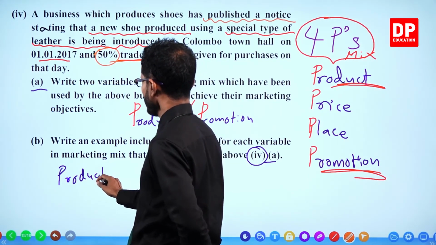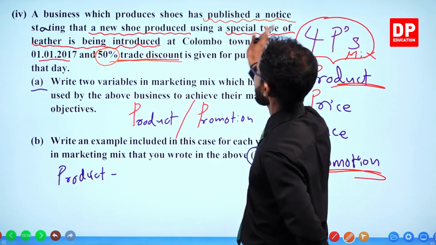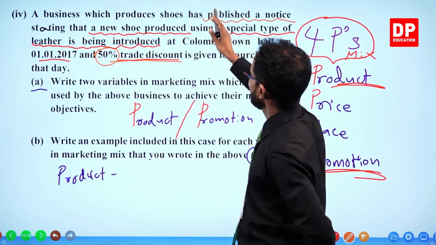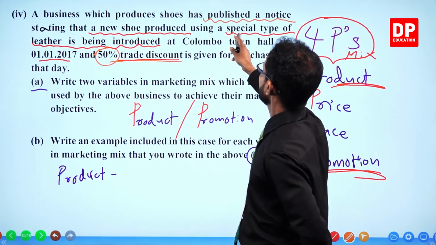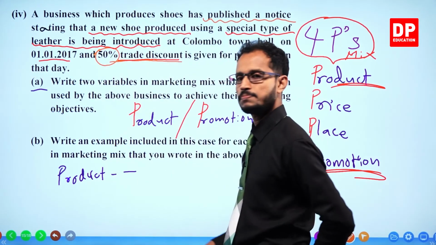Introducing a new shoe which is produced with a special leather. You have to write that.